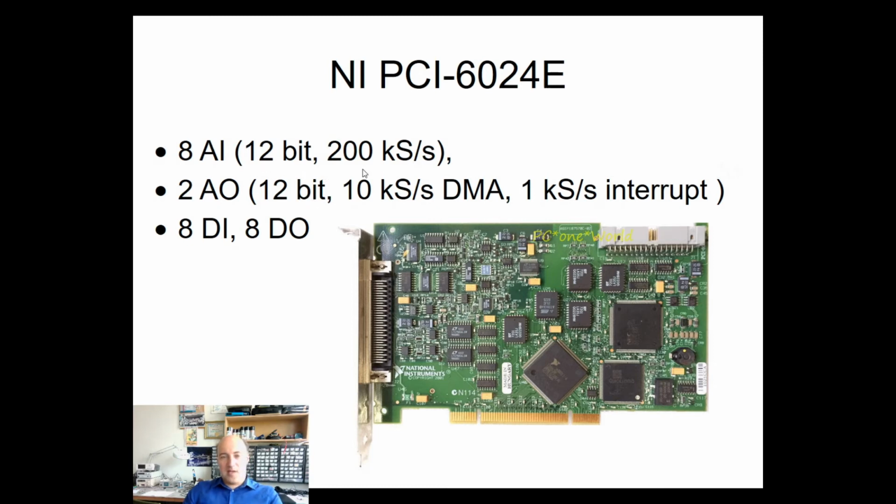Now, this is quite important, this number, this 200 kilosamples per second. This is the sampling frequency, and in the case of this particular device, we would need to look into the documentation if it is actually for a single channel or if it is shared for all channels together.